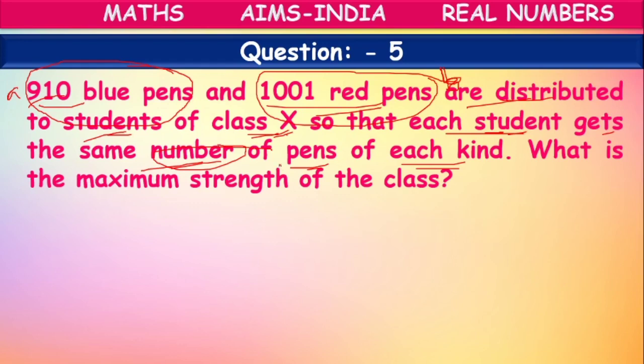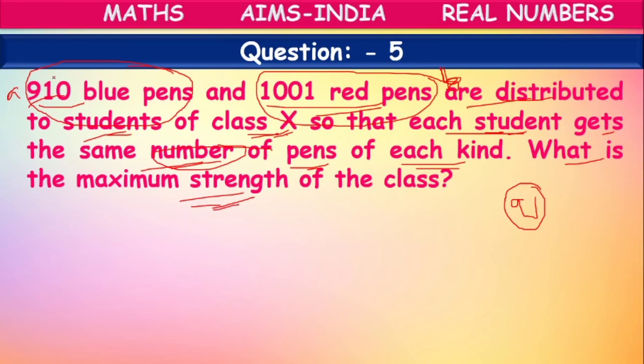So the number of pens got by each student is the same. Let it be Q. Let us take it with another variable Q. So what is the maximum strength of class? They are asking the maximum strength of class.